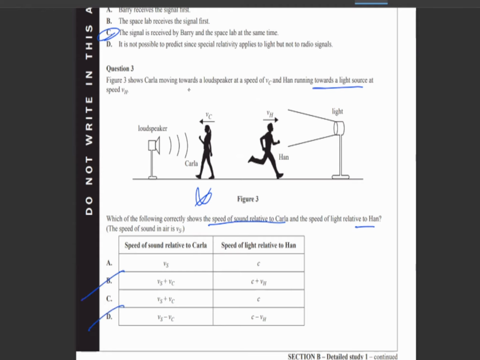And because she's moving towards the loudspeaker, the speed is going to increase. It's going to be the speed of her and the speed of the loudspeaker. So it's going to be C.